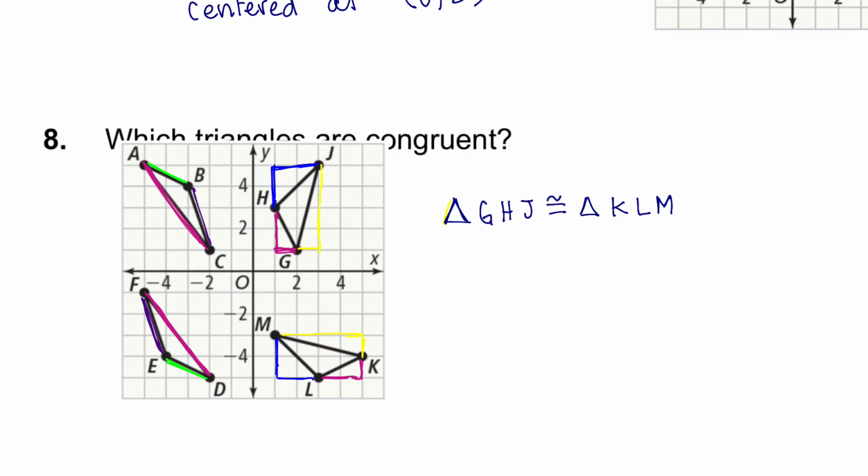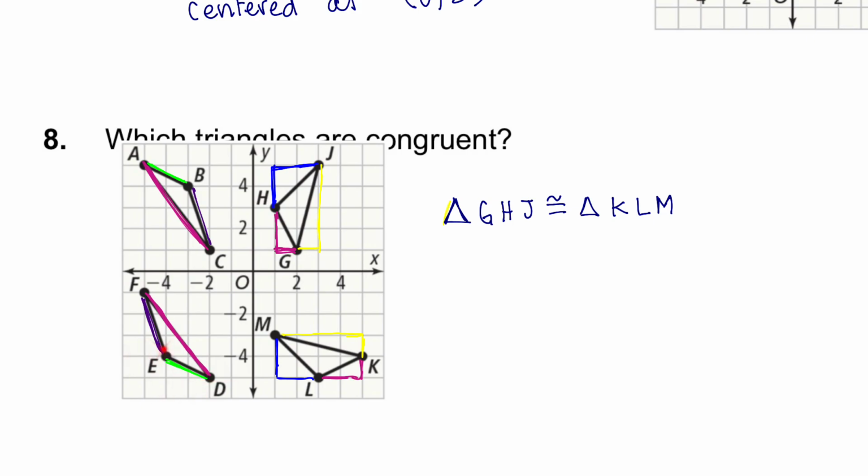Now for this other set, I can see that the longest side of this triangle would correspond to a right triangle with legs of 4 and 3. And it's the same thing that I have here, legs 4 and 3. So these two parts are corresponding to each other. Same thing here, 2, 1, 2, 1.